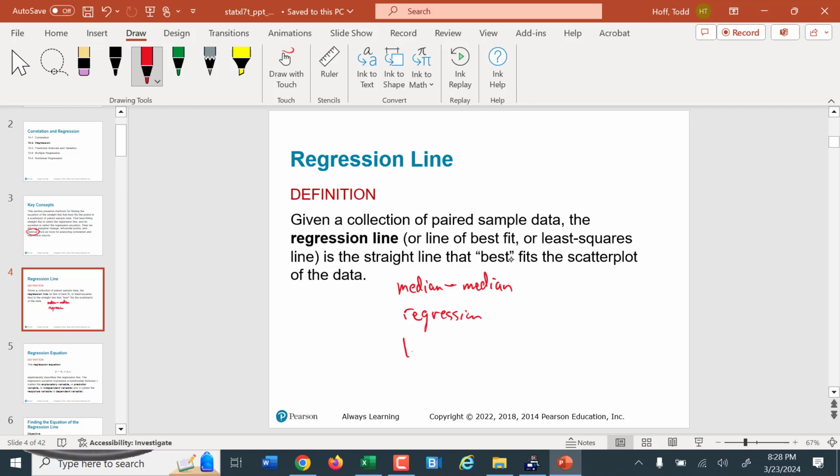We're going to look at what's called a least squares line. And that least squares means the square of the errors, the residuals. We'll define residuals later on. But if we square all the residual values and add them up, it's going to give us the smallest sum of the square residuals.